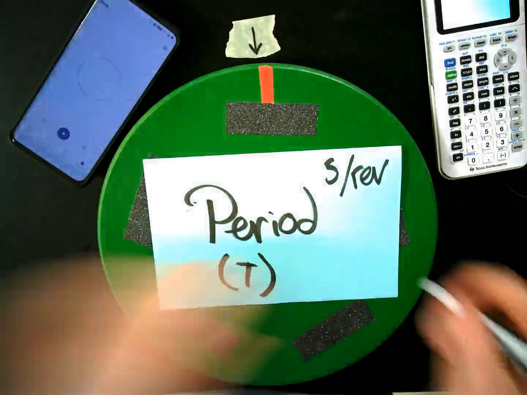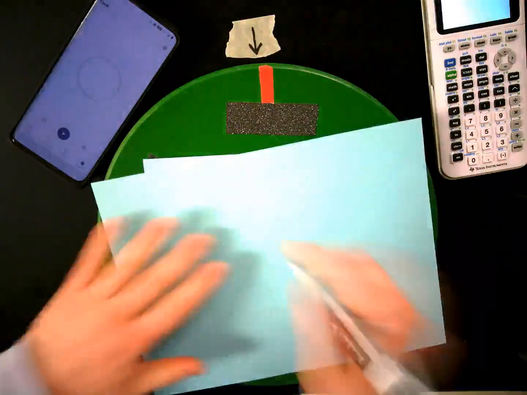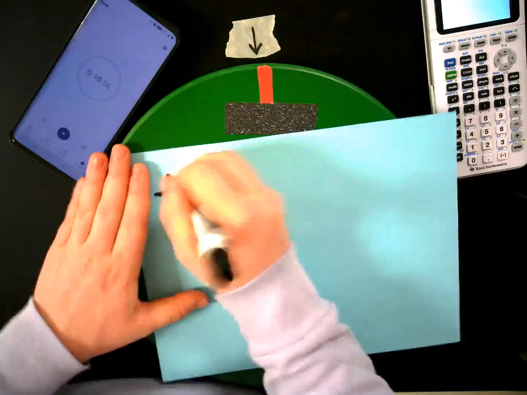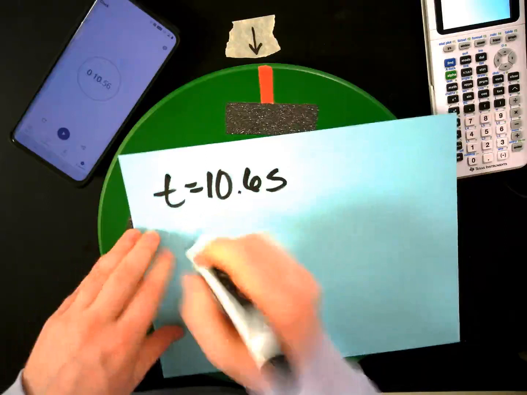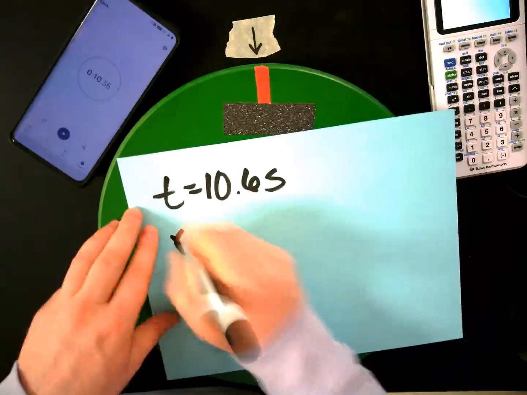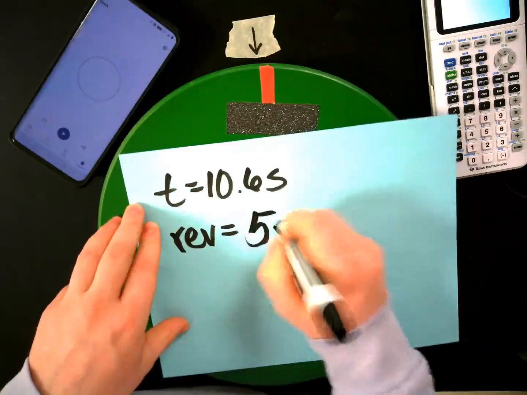In this case, let me grab another piece of paper. It looks like it took us 10.6 seconds, and in that time we made 5 revolutions.